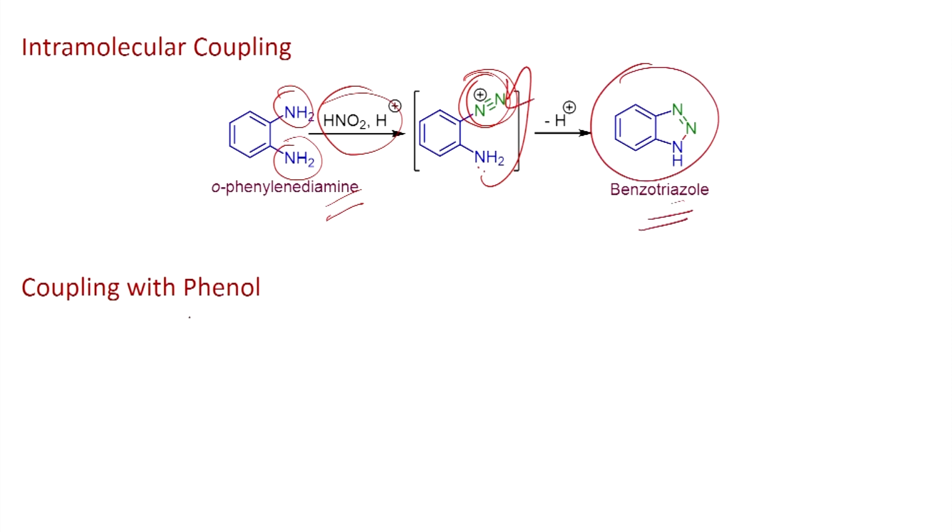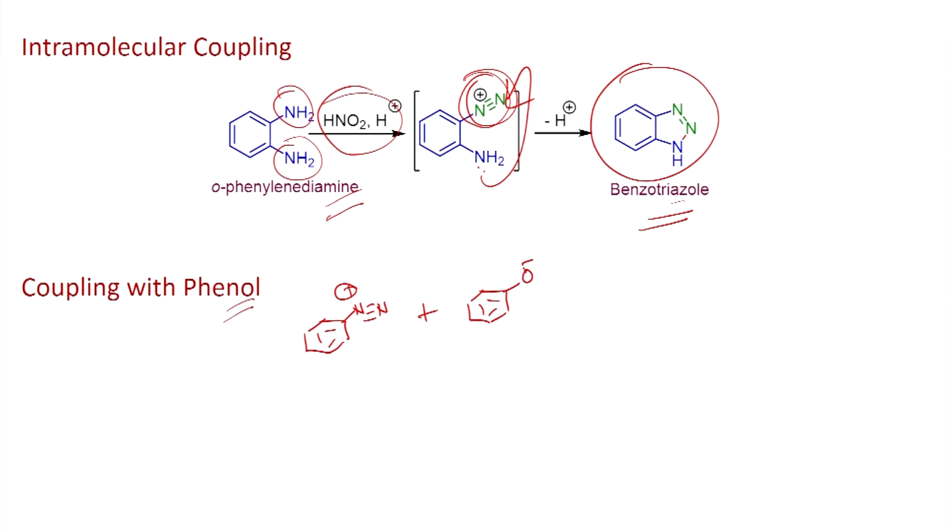The next example is, as we have seen, the reaction of aniline with the diazonium salt, and similarly you can also try to couple with phenoxide. Yesterday we have seen, for example, if you have the diazonium salt, you can try to react with the phenoxide.